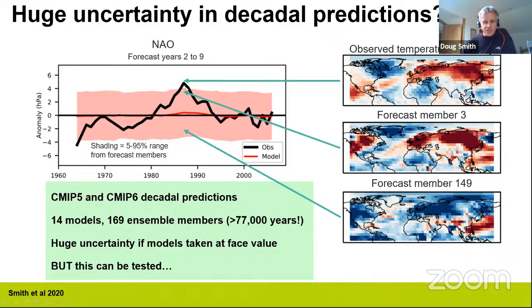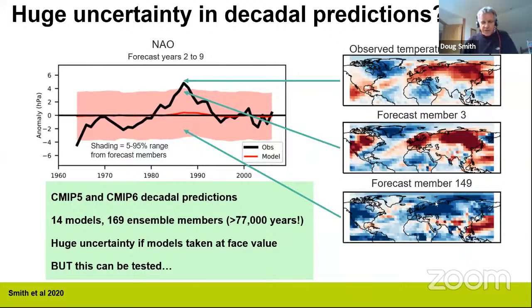And if we look at the extreme period just before the 1990s, where the observations showed a very strong warming signal over Northern Europe, again we can find some ensemble members that reproduce this signal and others that have the complete opposite. So very similar conclusions to the 30-year climate projection simulations.